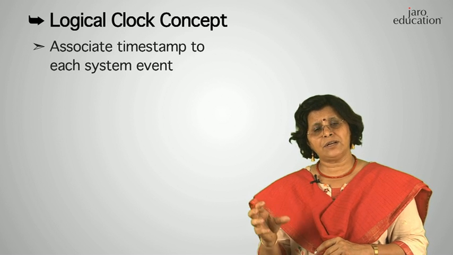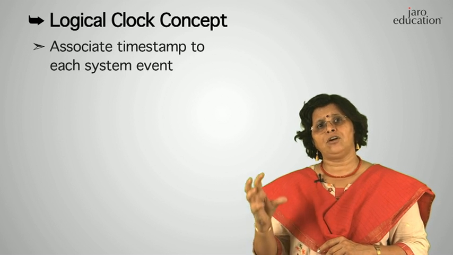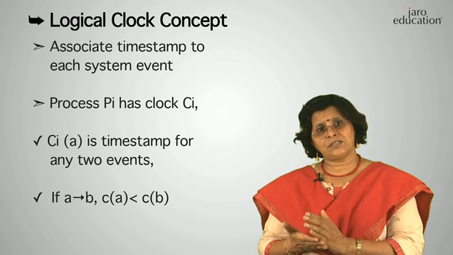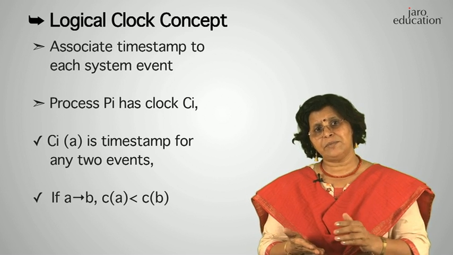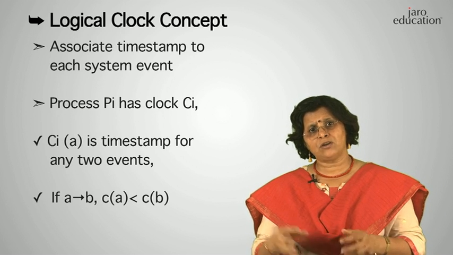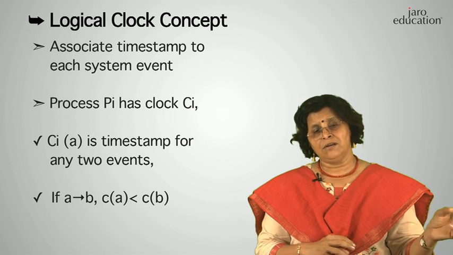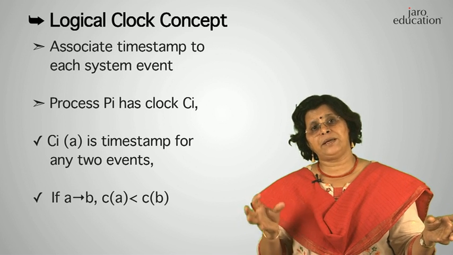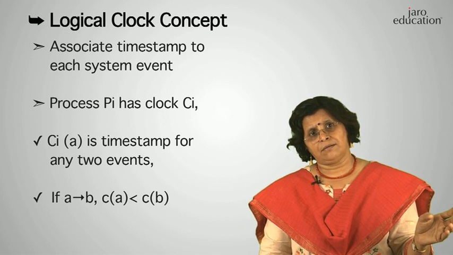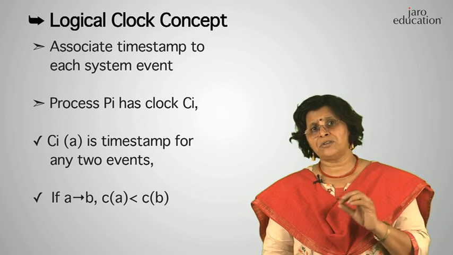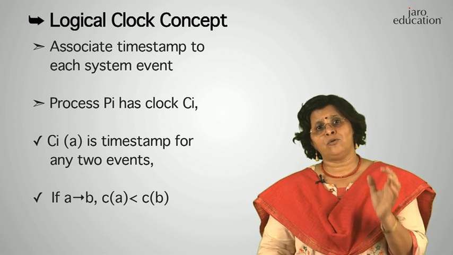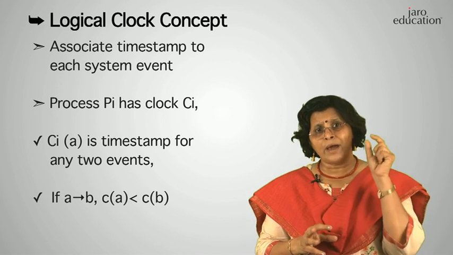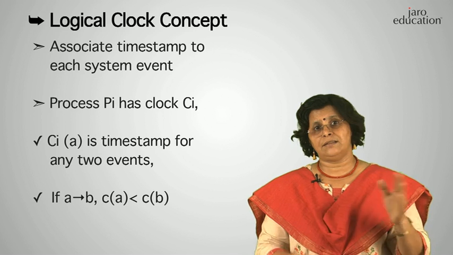And we say that whenever a particular process A is executing on a system, it has got a clock say C, and when this particular process completes and it sends a message to another process, maybe on the same machine or on another machine, and we say that A happened before B, clock of A will always be less than clock of B. Now here we are not talking about the real time, we are just saying a numerical value of the clock, whether it is a real time or otherwise, the numerical value is less than the second one.